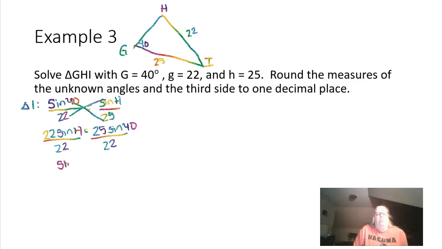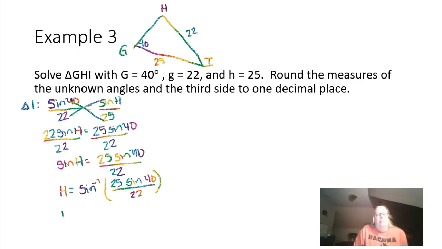The sine of H is equal to 25 times the sine of 40 divided by 22. That means H is going to be equal to the inverse sine of 25 times the sine of 40 divided by 22. All right, let's put that in the calculator and see what we get for angle H. This gives me 46.9 degrees.